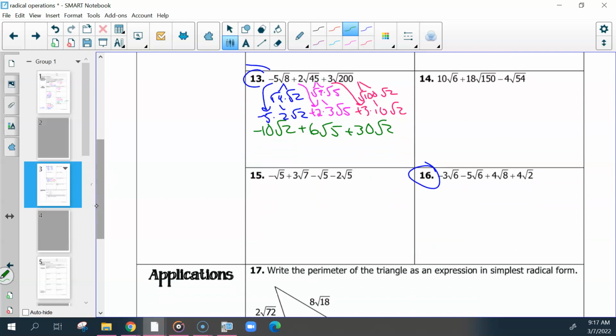Can we simplify this anymore? Do we have any similar radicands? So that would be our final answer.